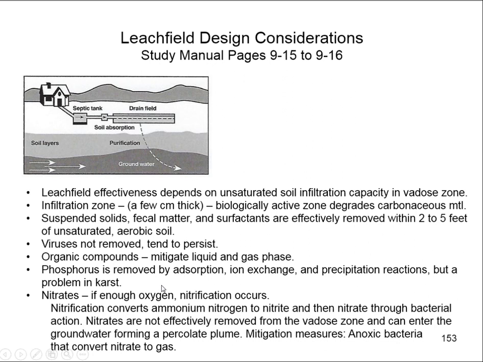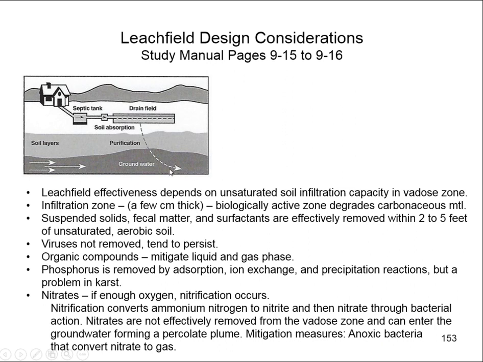Phosphorus is kind of interesting because if we have karst topography and it gets into the surface water, we can get algal blooms, and that is not good. And then nitrates. Nitrification occurs with oxygen, and it takes the ammonium nitrogen from the urine to nitrite, and then the bacteria take it into nitrate.